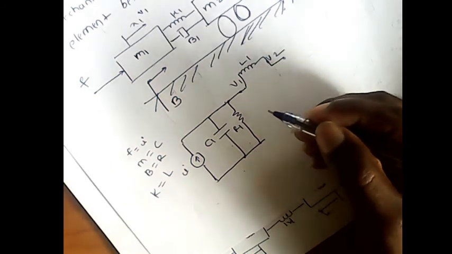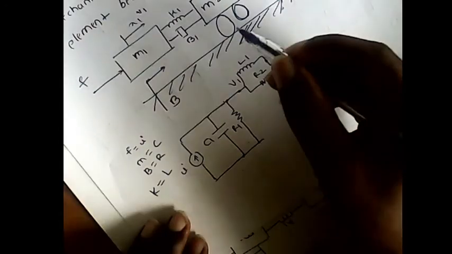So this is L1, C1, this is R1. Then the dashpot is again converted into resistance according to the table, so this is R2.